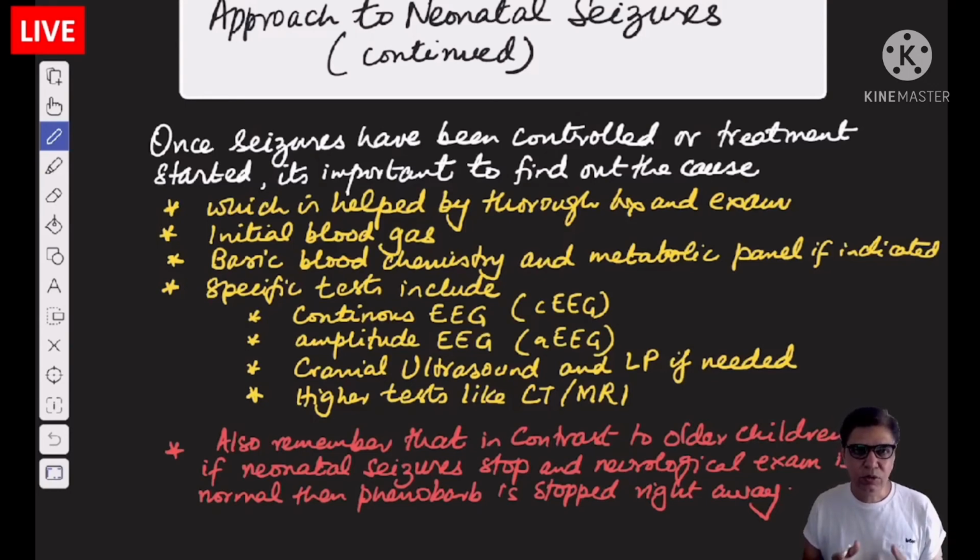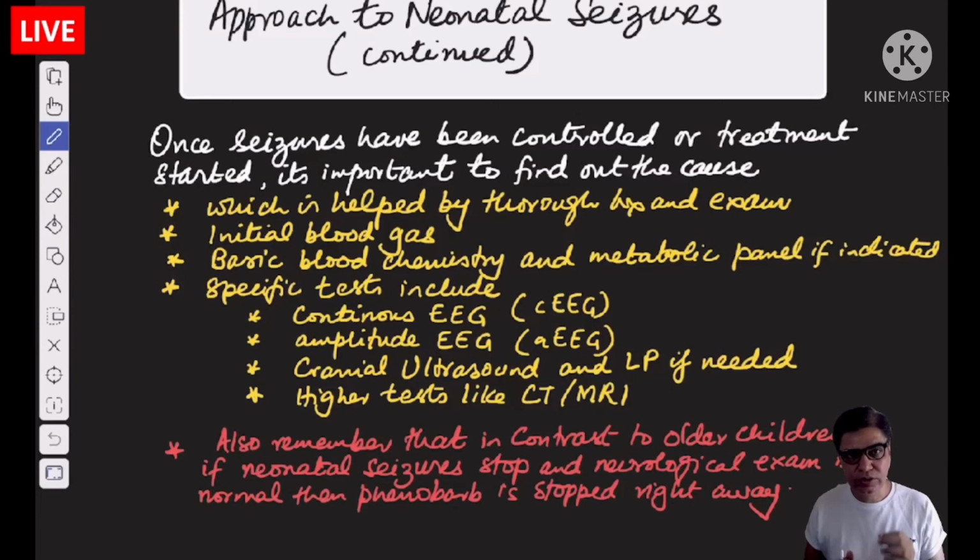It is very much operator dependent, though it's not as sensitive as the continuous EEG, but nevertheless, in experienced hands, you can pick up a lot of EEG abnormalities on the amplitude based EEG as compared to the continuous EEG as well.